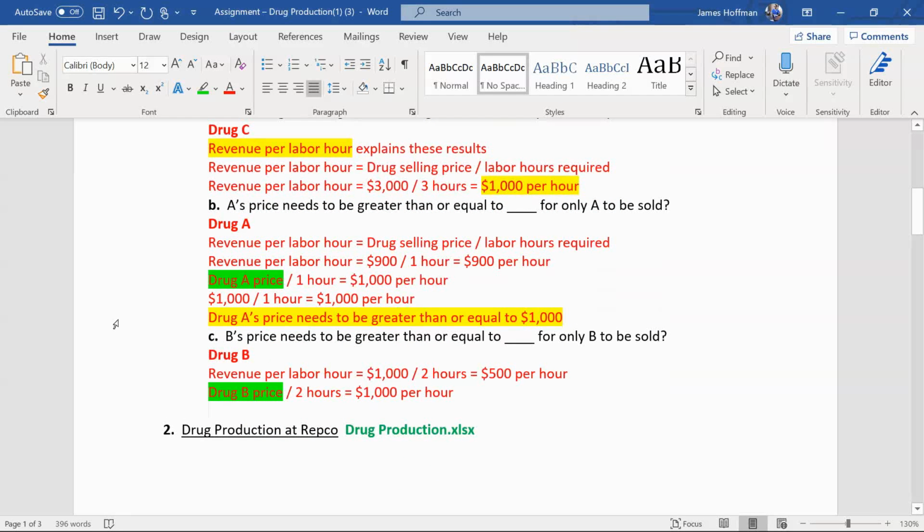So what divided by 2 would give us 1,000? That's the question, and that's the answer for drug B. So what does drug B's price have to be to give us $1,000 per hour? 2,000. 2,000, yes.